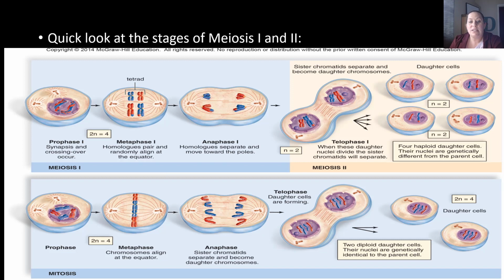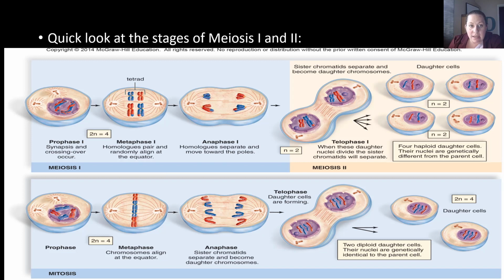So this diagram just gives you a closer look, where you can see at the top you have prophase I all the way through telophase I. And then you have prophase all the way through telophase in mitosis. And so this just shows you that between meiosis I and mitosis, there are differences that occur.